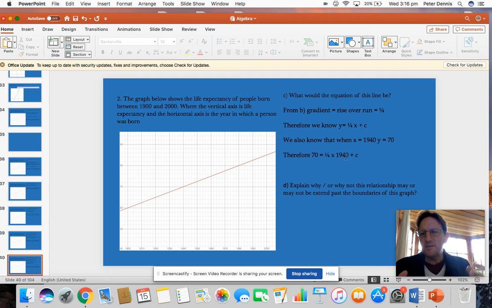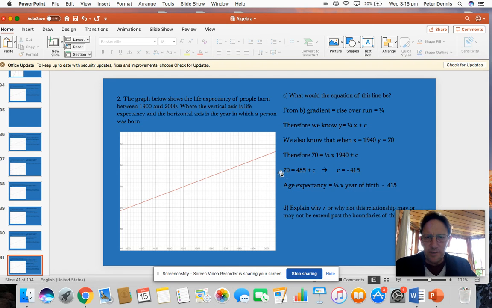The obvious next step is to find a quarter of this. So we get 70 equals 485 plus c. So c must be minus 415. 485 minus 415 gives us the 70.